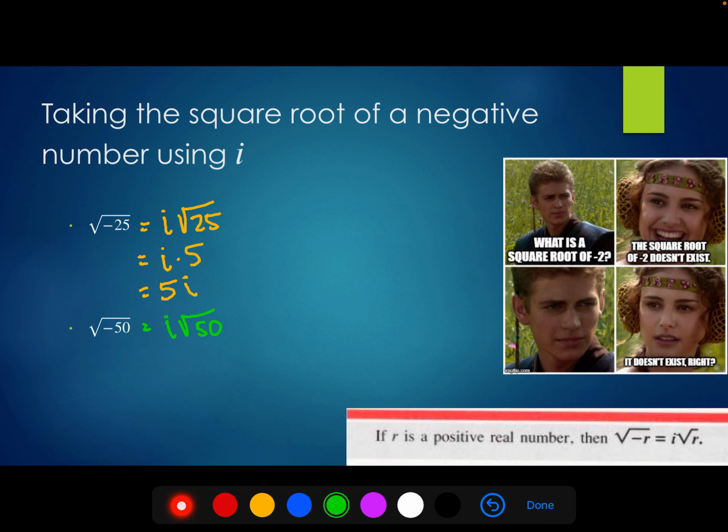The square root of 50 is not a perfect square, so we can break this down into i times the square root of 25 times the square root of 2. The square root of 2 can't be broken down anymore, but we can simplify the square root of 25, because the square root of 25 is 5. So now we have i times 5 times the square root of 2, and now we just have to put it in that typical mathematical notation. So this is equal to 5i times the square root of 2.